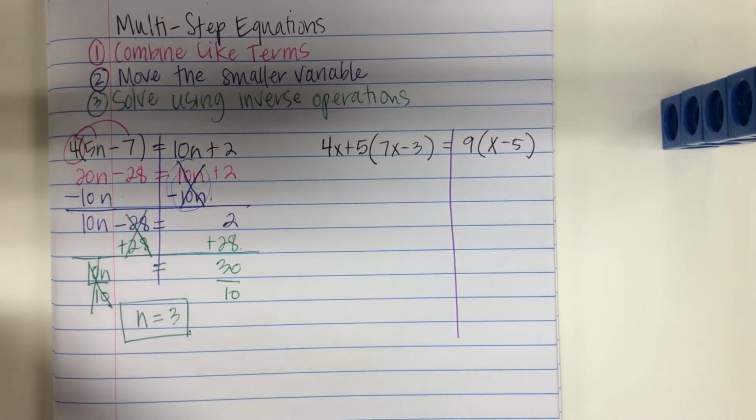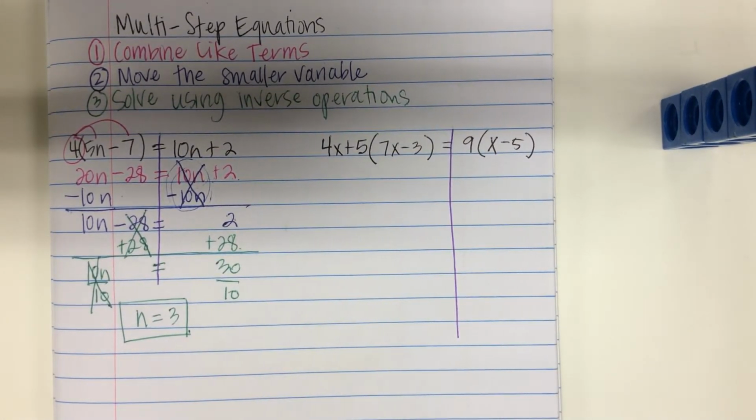I'm going to draw a line down the equal sign to help me stay organized. And step number 1 tells me to combine like terms.